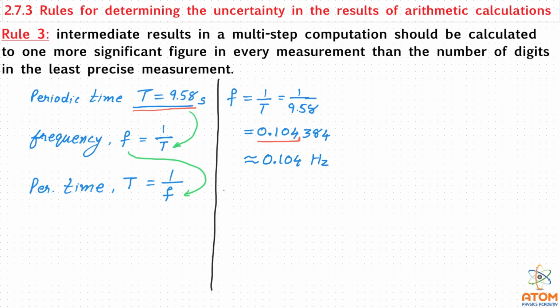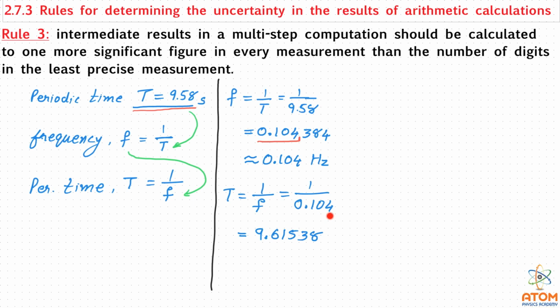Now I'll take the periodic time T, that is 1 upon f, so I'll put here 1 upon 0.104. See, we have this two-step calculation, and from the first step the answer is 0.104, and we are putting that here. So we'll get the answer as 9.61538. Again, here also the least significant figures are 3.